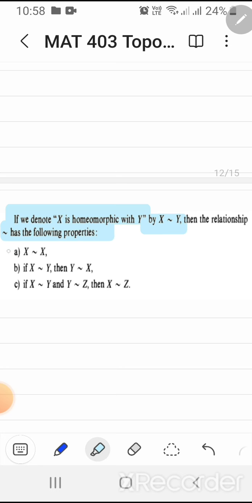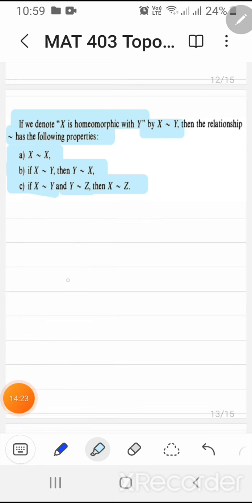First, reflexive: X is homeomorphic to X. Second, symmetric: if X is homeomorphic to Y, then Y is homeomorphic to X. And third, transitive: if X is homeomorphic to Y and Y is homeomorphic to Z, then X is homeomorphic to Z. Okay, thank you.